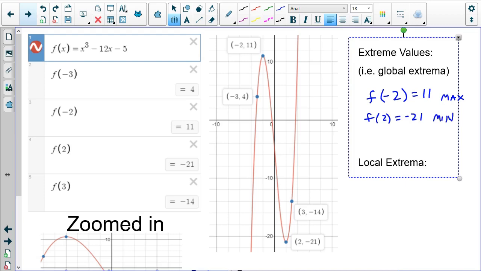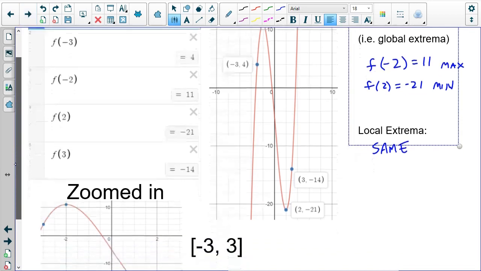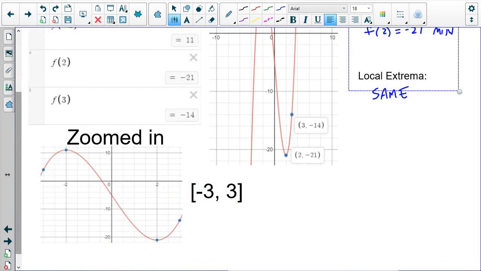The local extrema were the same. This is what the graphs look like, all the points, and then here's the function zoomed in on -3 to 3. As you can see, when it's zoomed in, this is definitely the highest value on the whole thing. This is definitely the lowest value, and they just so happen to also be local extrema.